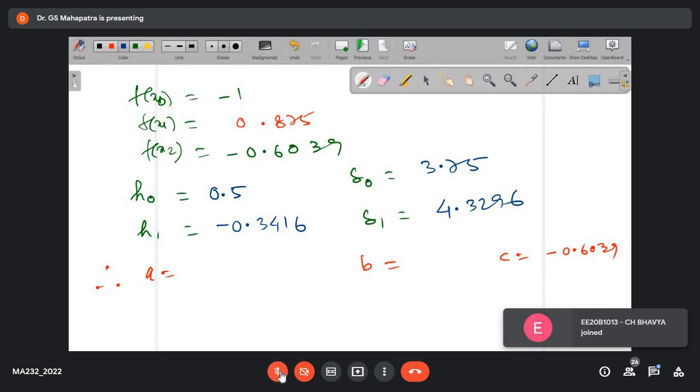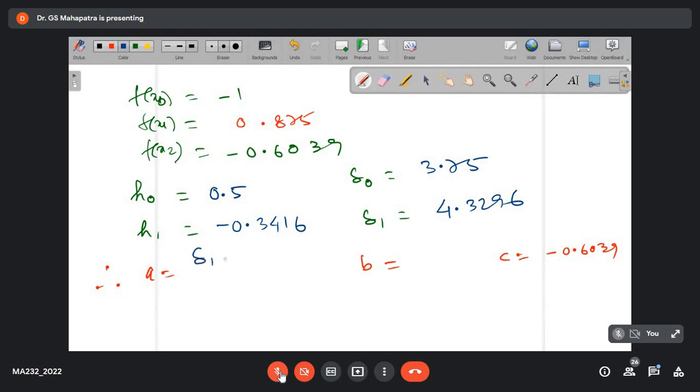Now A and B, the formula is del 1 minus del naught by h1 minus h naught.